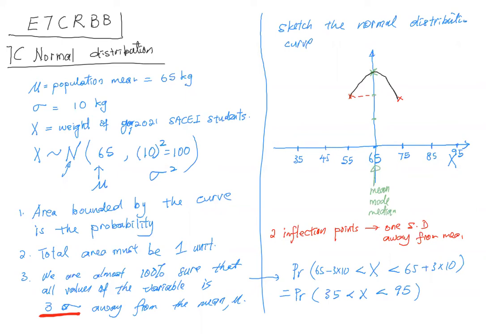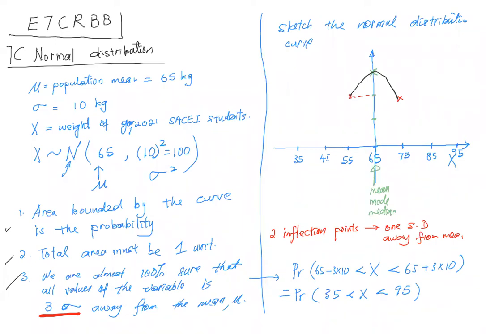That is the property of any normal distribution. Later, when I give you the calculator, you count, then you will know. Any normal distribution will have all these properties. It doesn't matter whatever the mean, whatever the standard deviation. As long as it is a normal distribution, you will have these properties.